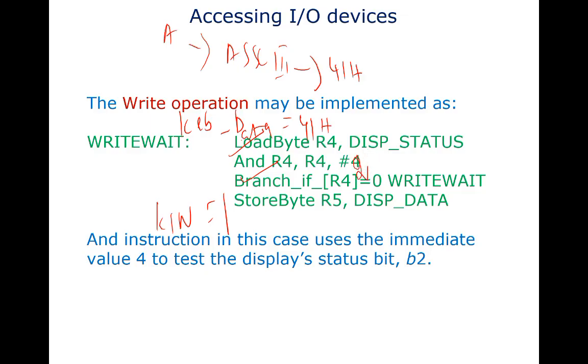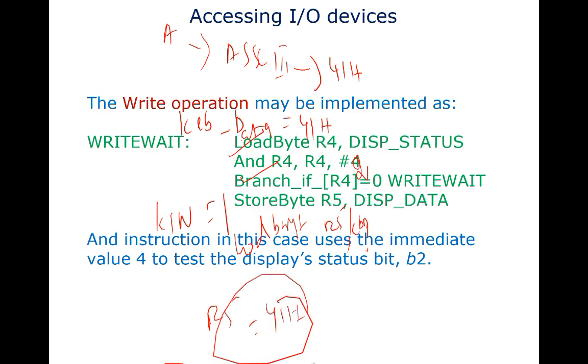Then the processor needs to read that character, so again I give the instruction load byte R5 comma keyboard data. Therefore the register R5 now has 41h, that ASCII character.